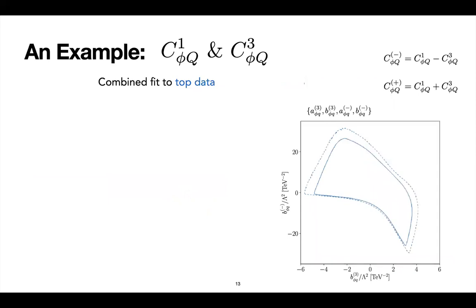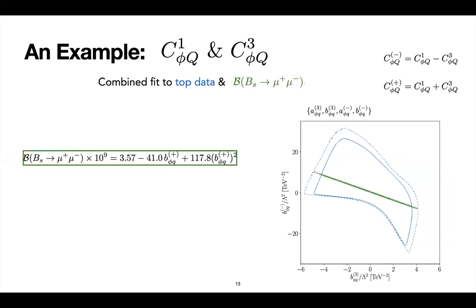Now, if we look at still the same fit, but at a different projection on the 2 flavor breaking coefficients, so B3 and B minus, you see the dramatic effect that including Bs to mu mu has, the tree level effect. So we are constraining one direction extremely well, namely the B plus direction, and the other one is left unconstrained by this measurement.